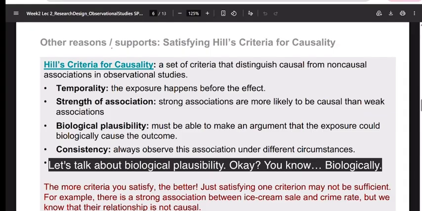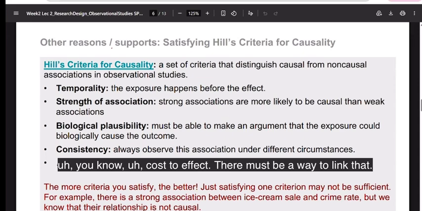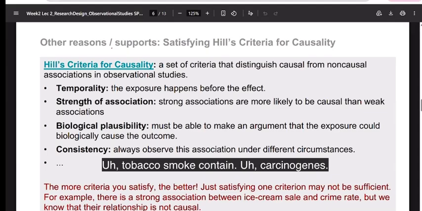Let's talk about biological plausibility. Biologically, there must be an argument, a way to link a cause to an effect. Something I come across when it comes to tobacco smoke: tobacco smoke contains carcinogens.